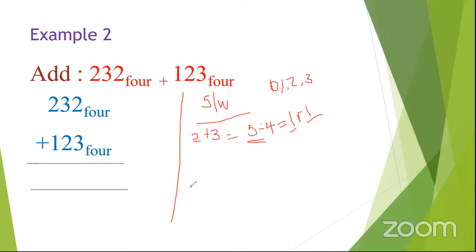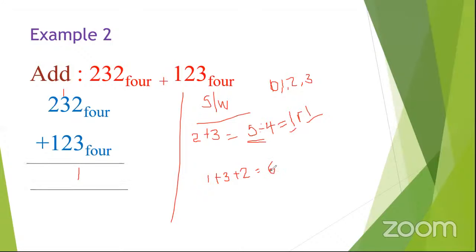So what we do, we write the remainder there and the whole number is regrouped. We take the whole number to the next place value. So when you go to the next, we shall have 1 plus 3 plus 2, giving us answer 6.